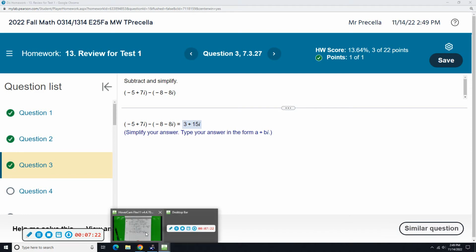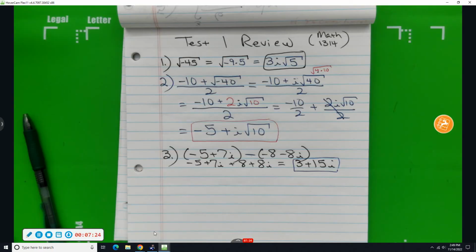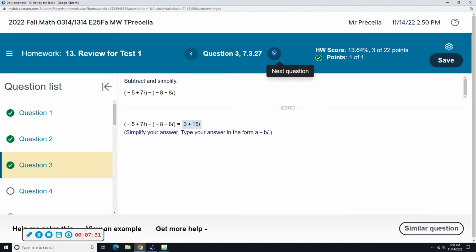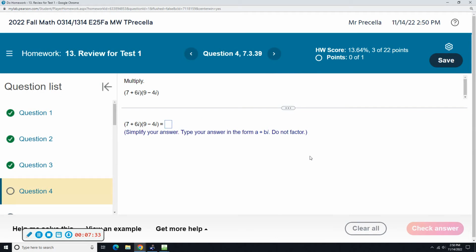Any questions there? Okay, number 4. Here they want us to multiply complex numbers. We're multiplying 7 plus 6i times 9 minus 4i.